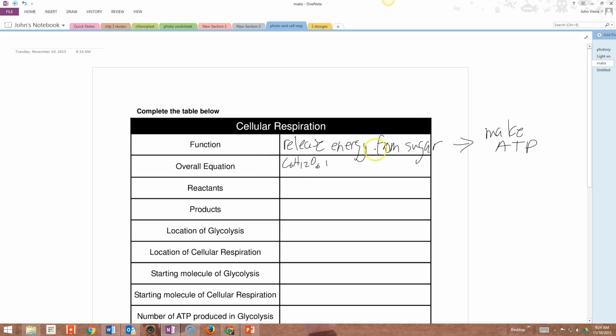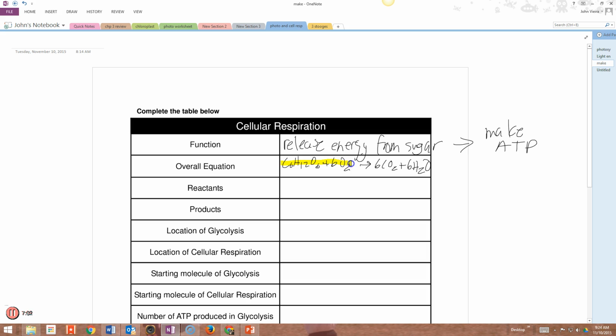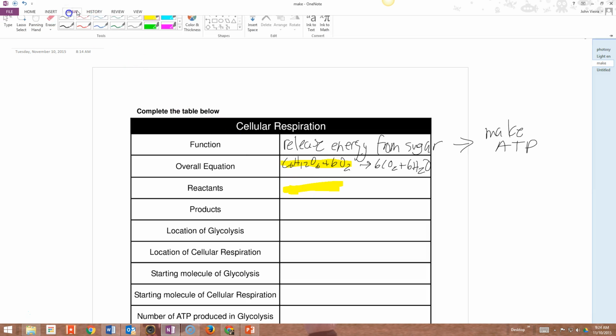Okay. To produce 6 molecules of CO2 and 6 molecules of water. Oops, why did I say oxygen gas? We're not in the chloroplast yet. So reactants right here, guys.